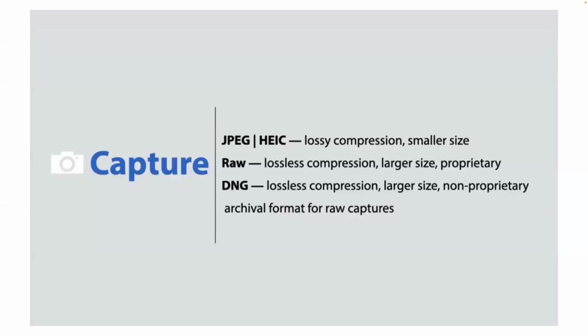If it's a lossy file format, it means that it's using some sort of algorithm that is actually throwing out information. So it's capturing the information and then compressing it. JPEG is probably the best example of this.